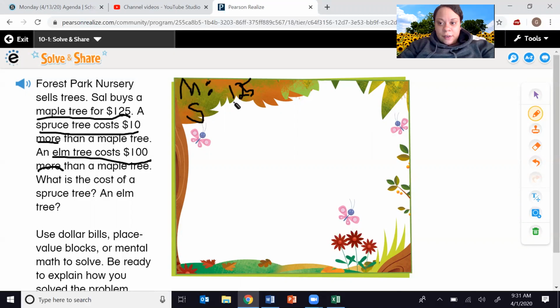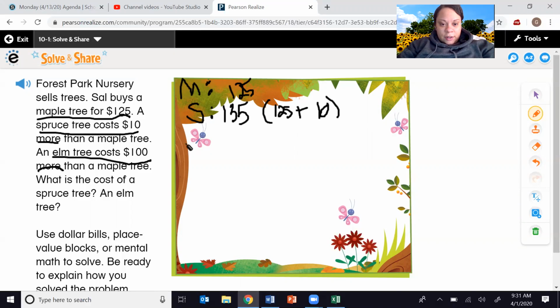So what's 125 plus 10? It's 135, okay? Because 125 plus 10 is 135. So I'm going to put 135. And just so you guys remember, I'm going to put in parentheses 125 plus 10 because they said 10 more than the maple tree.